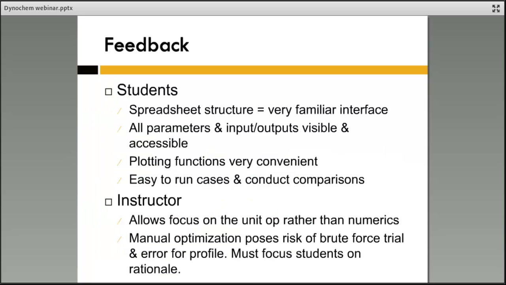Now, the kind of feedback we've got is that the students really like the spreadsheet structure. All of our engineering students get exposed to spreadsheets and MATLAB in the freshman year, so this is very convenient for them. They like the fact that they can see everything, that they can plot easily, and that cases are easy to run.